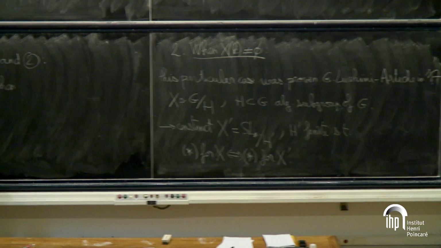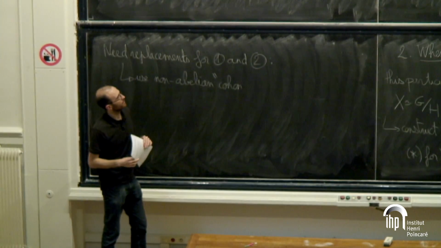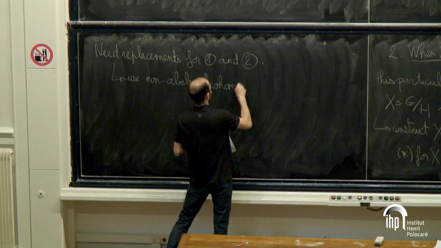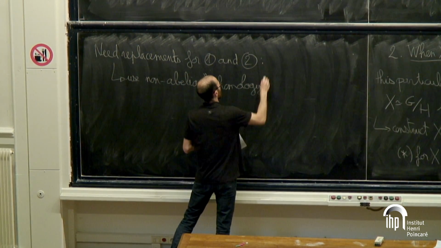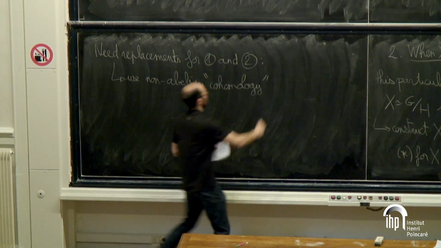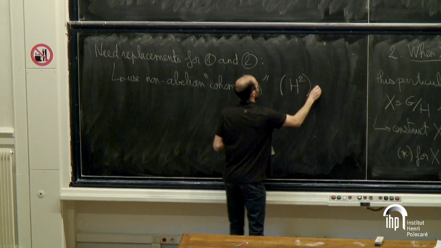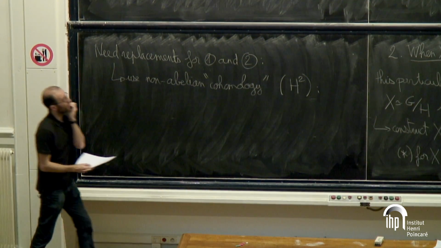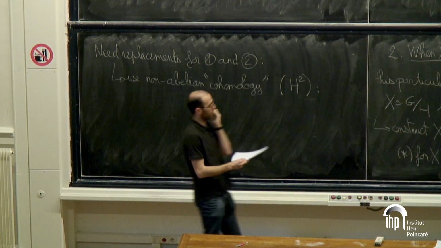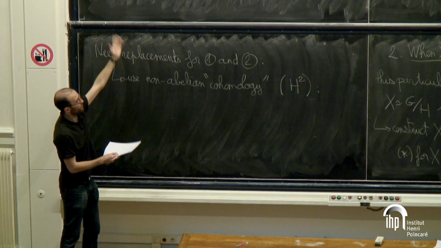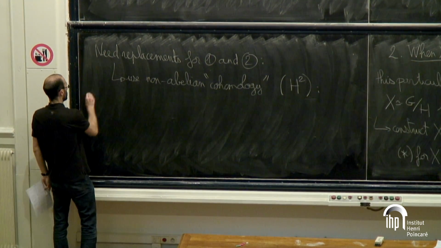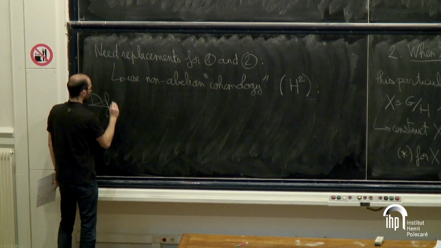Or in fact, I don't think I will write any cohomology group or set, but the idea is from non-abelian cohomology, and more precisely, non-abelian H2. So I will have to give a few definitions before stating the analogs of property 1 and property 2. So the first definition is a definition of a gerb.